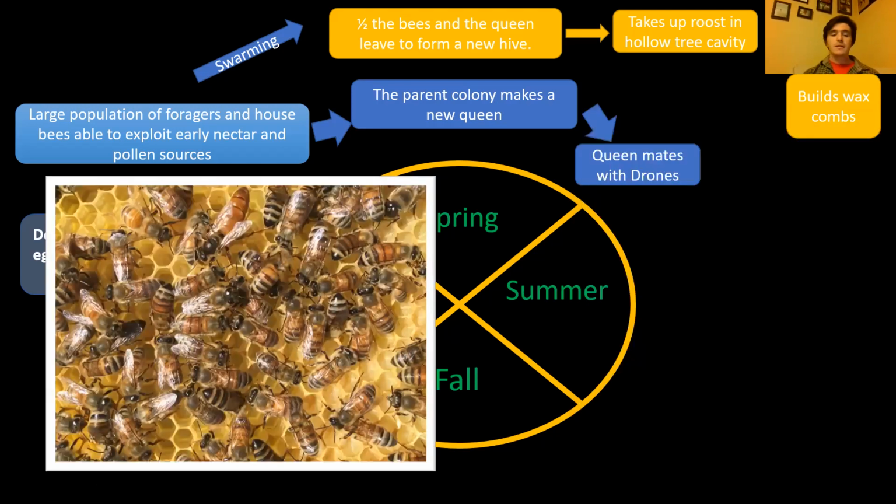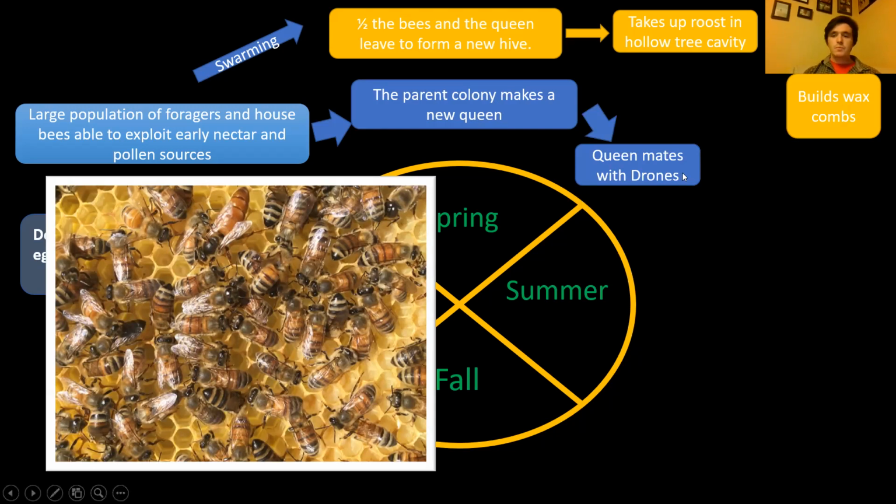That new queen then emerges. She goes out. She mates with 15 to 25 drones. She comes back and she stays in the hive for the rest of her life, laying eggs, keeping the population of bees of that colony going. She stays in that hive for the rest of her life unless she swarms in the spring next year.